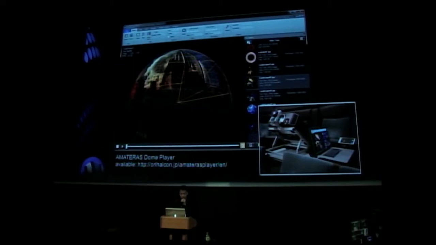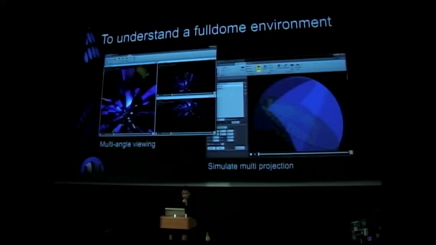So I wrote Fulldome playback software to make them understand the Fulldome environment. This is my software, and it's freely available, so please try it yourself. It's named Amateurs. And using this, at first, I make them understand the Fulldome environment, how the shape is distorted, by showing the fisheye angle viewing or simulating the fisheye projection environment, for example.